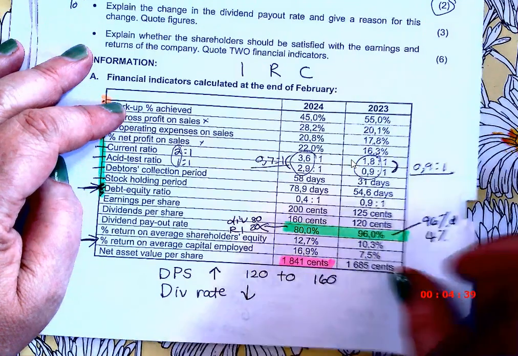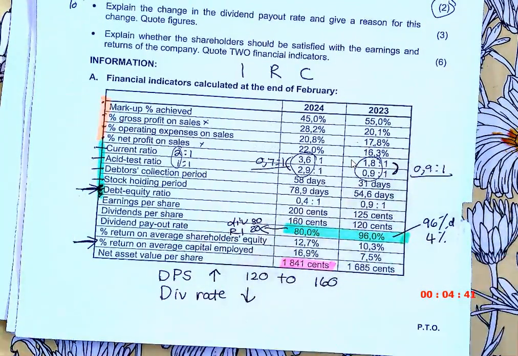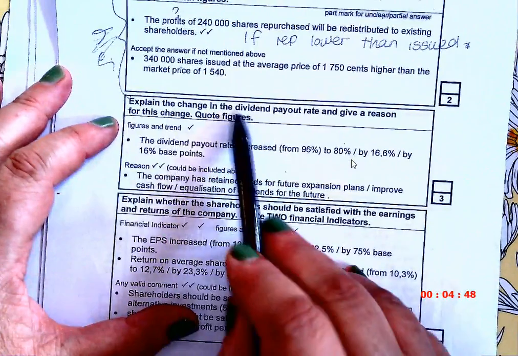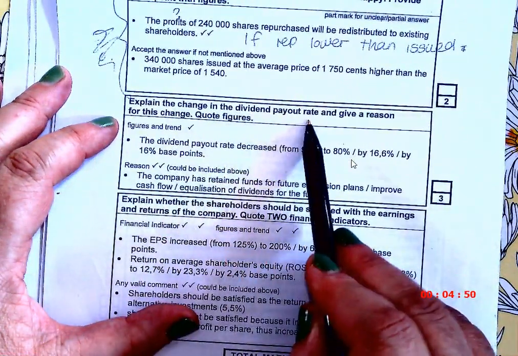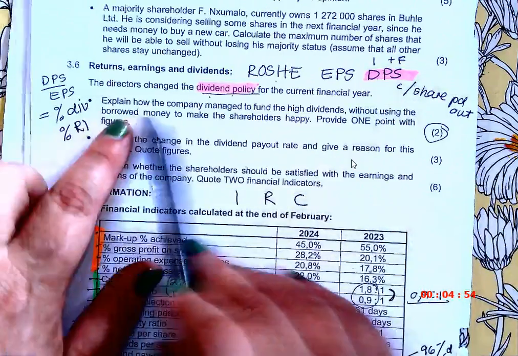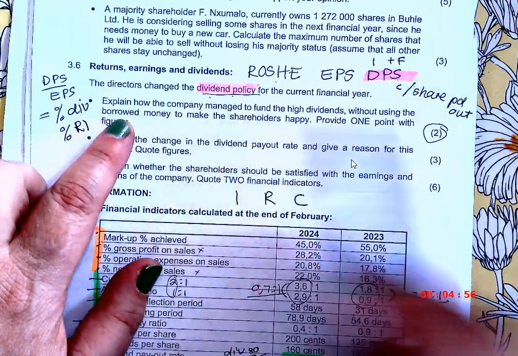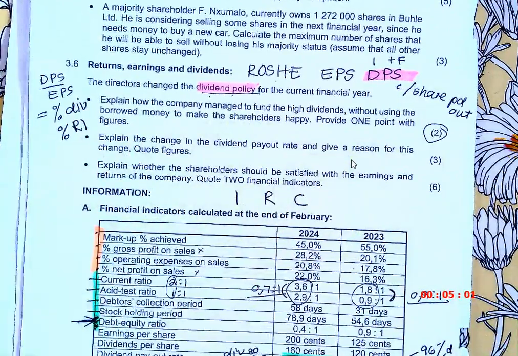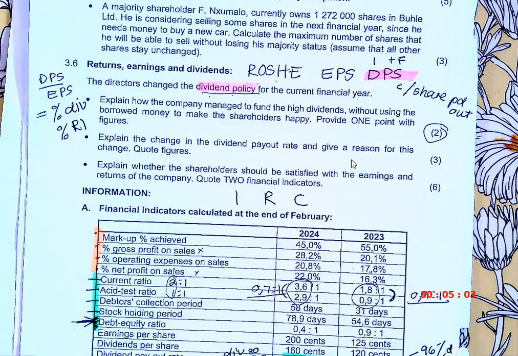Okay, now if you look at this answer here, firstly you have to say, they want to talk about the dividend payout rate. If you read the question, they say, explain how the company managed to fund this. Oh, that's the second one. So if I look here, I see 3.5.